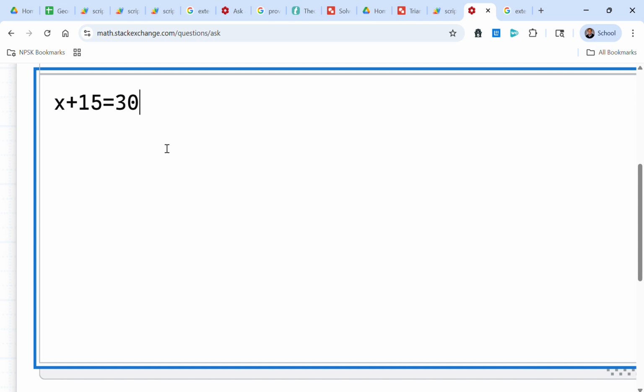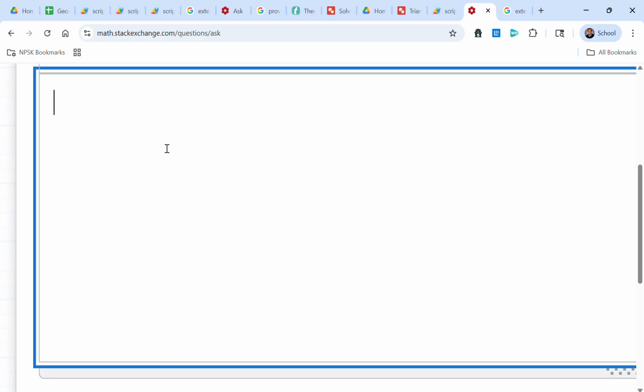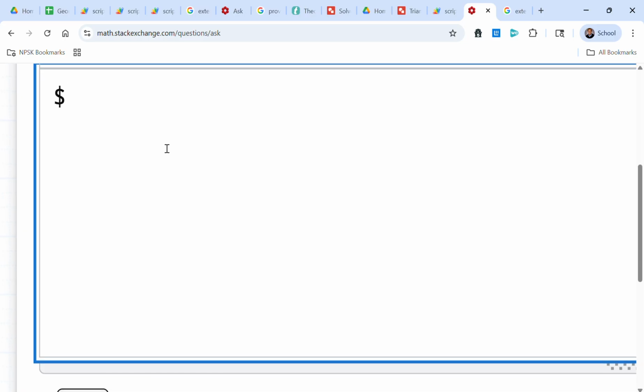And I think that is pretty much it. Sometimes you're going to have to know angle addition, not angle addition, segment addition.